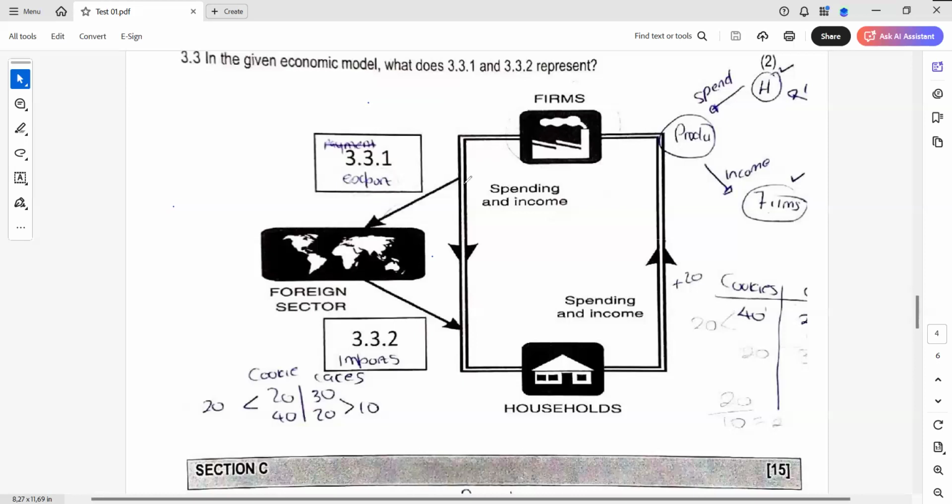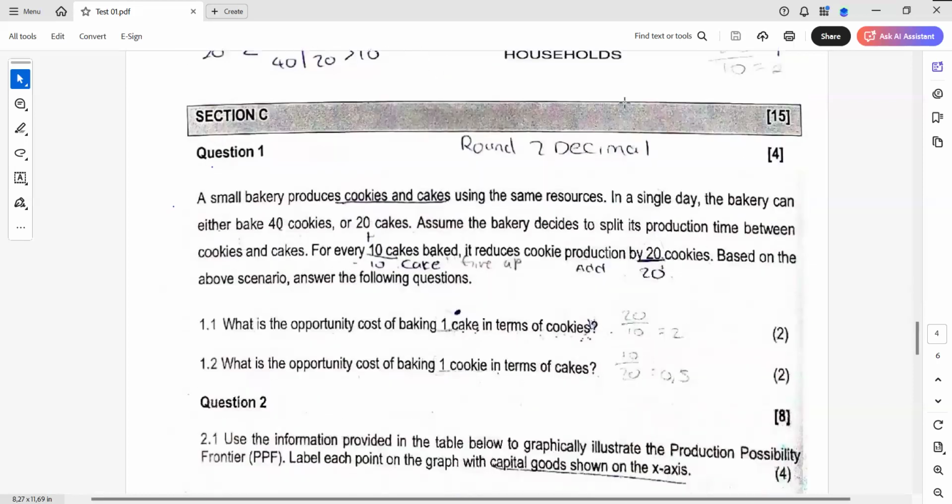But this arrow can also represent the payment of imports, where the firms were the ones purchasing from the foreign sector, and now they are paying for these goods that they purchased from the foreign sector. So this arrow here can also represent the payment of imports. I hope you got that. Let me just continue so that I don't confuse you guys any further.